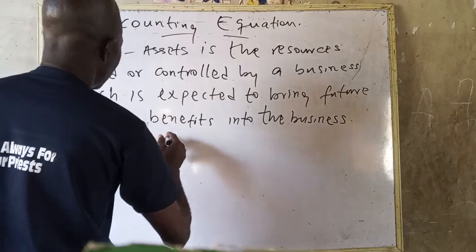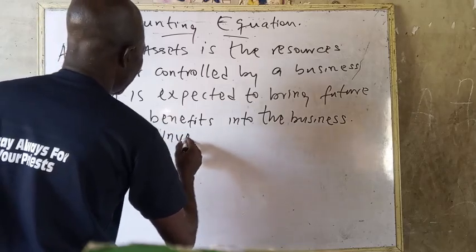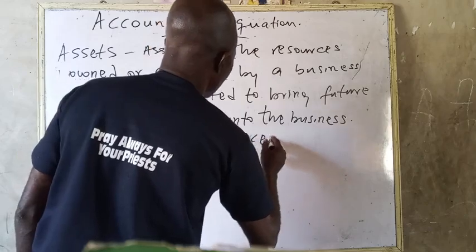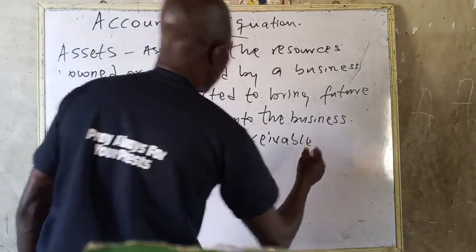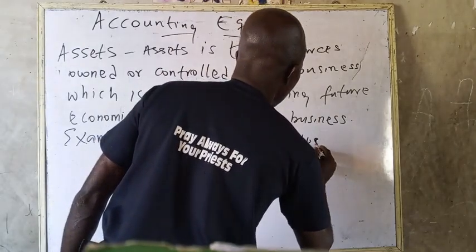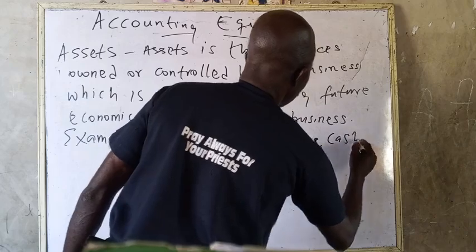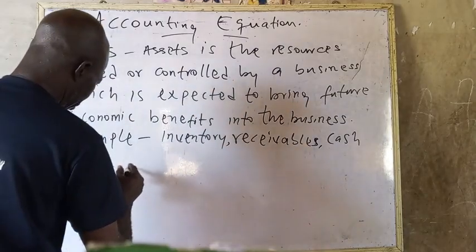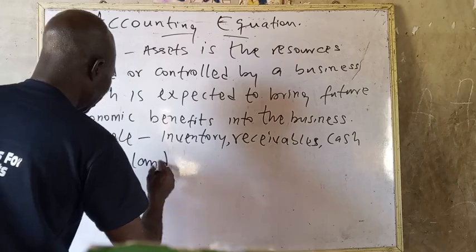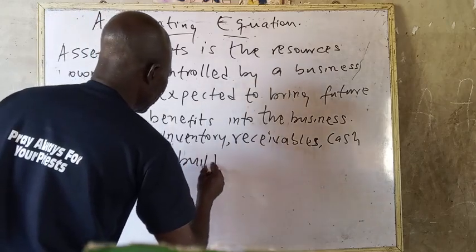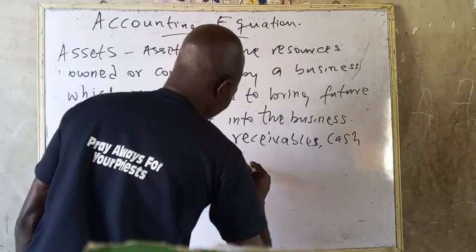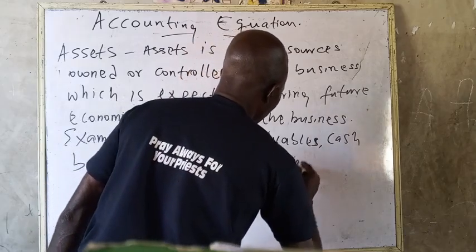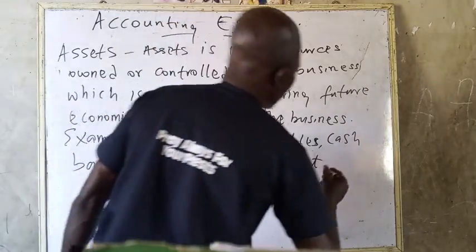You have assets which are inventory, receivables, cash, bank, land, building, equipment, etc.